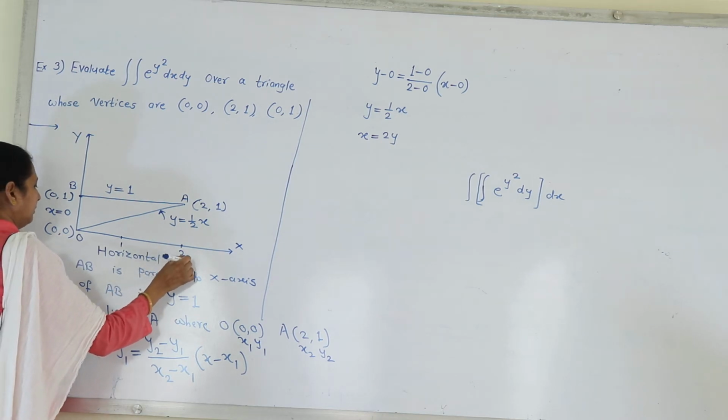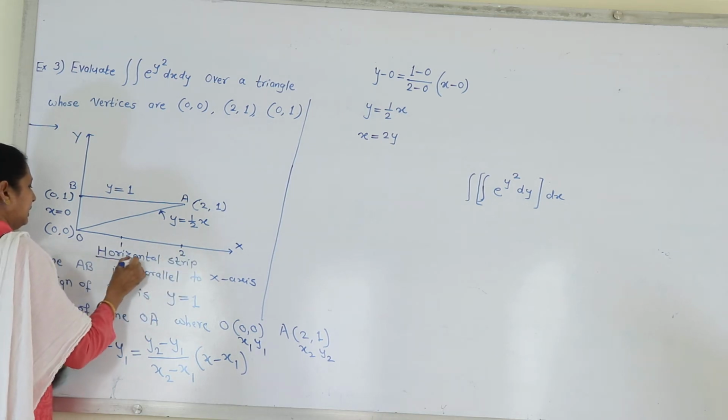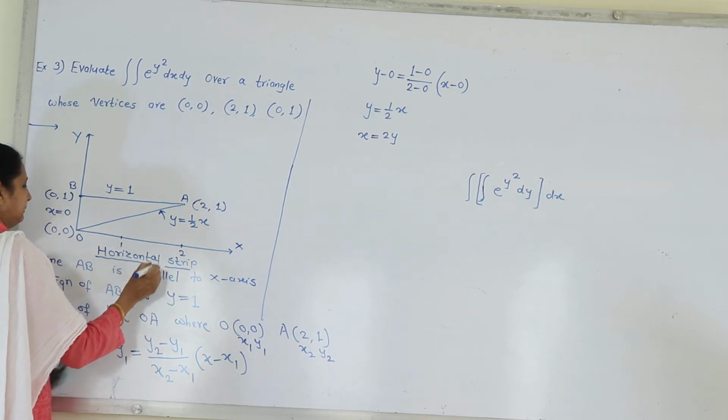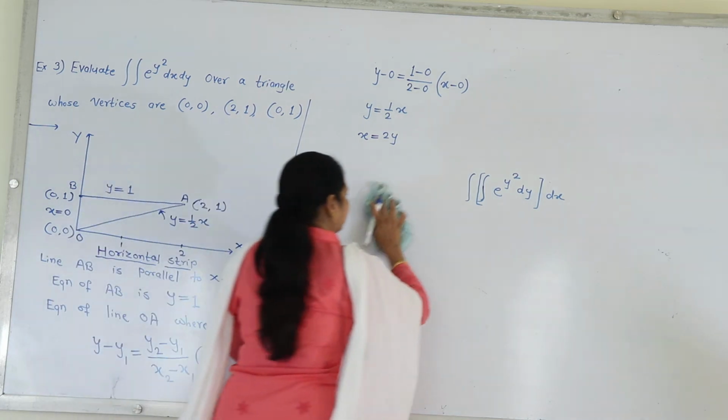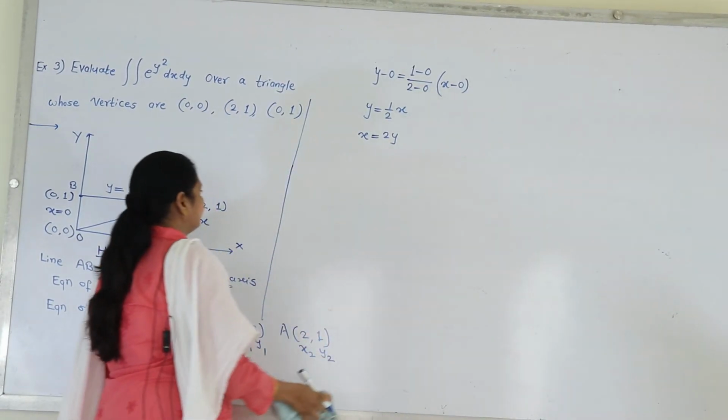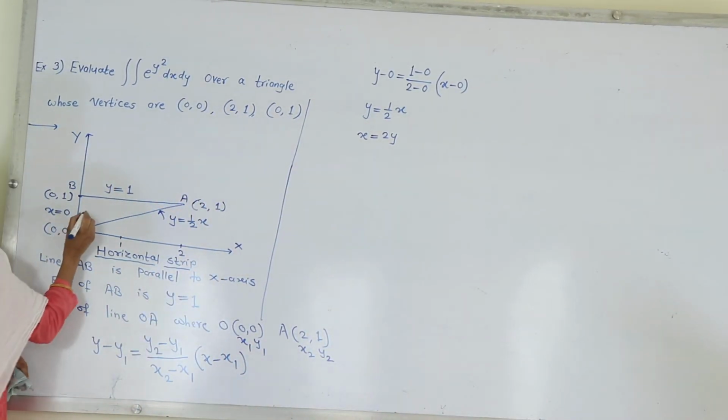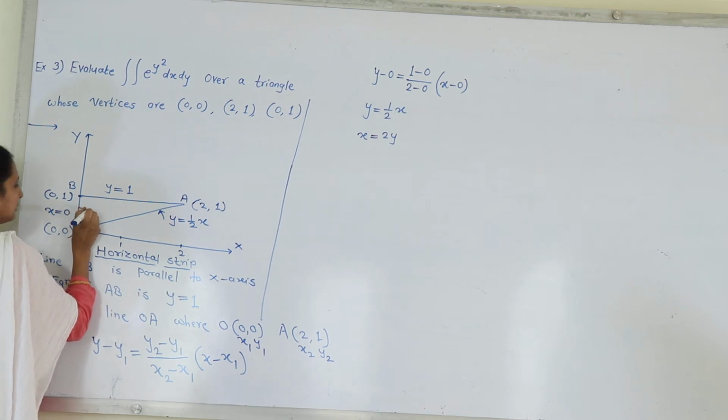Any problem we can solve by both strips, not only the vertical strip, we can also solve a problem by a horizontal strip. Now we are taking a horizontal strip in this problem. Now a horizontal strip means like this.